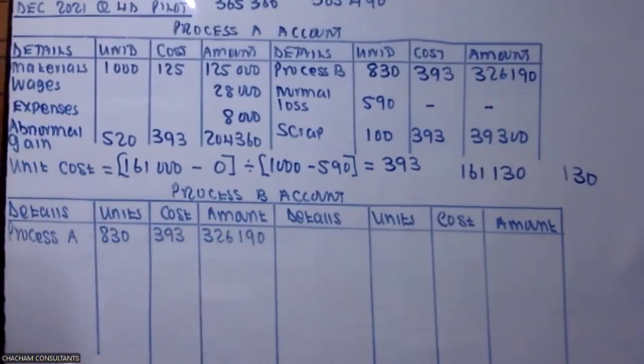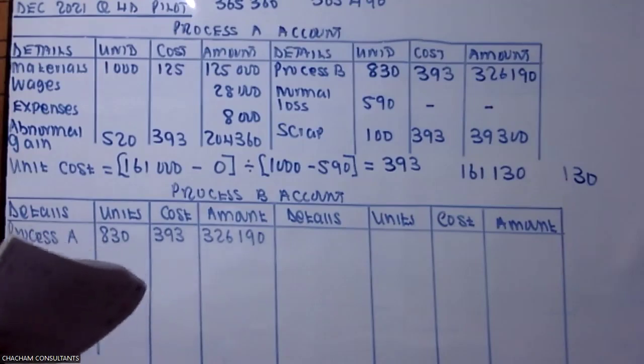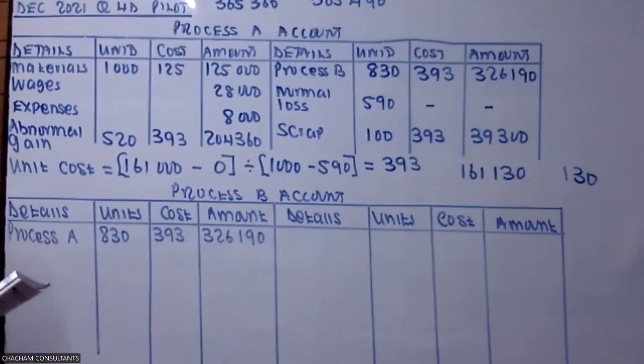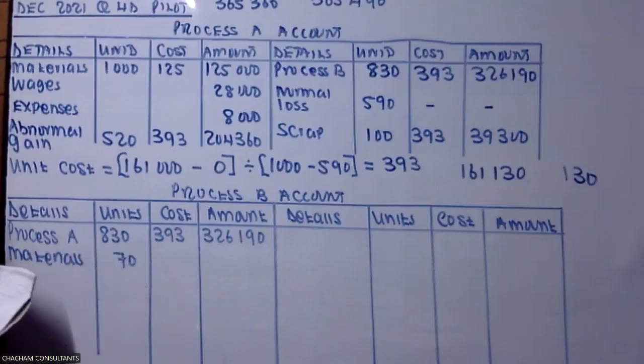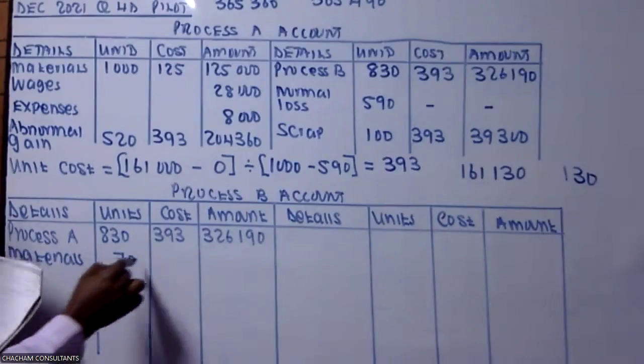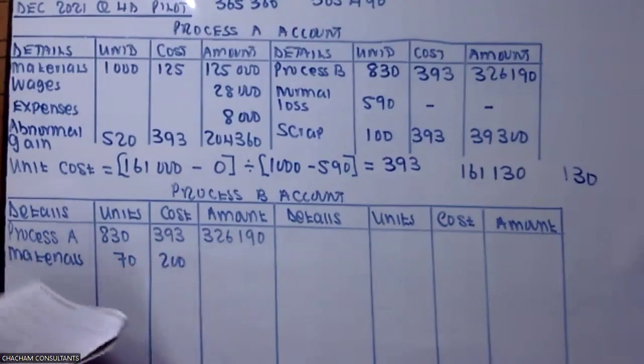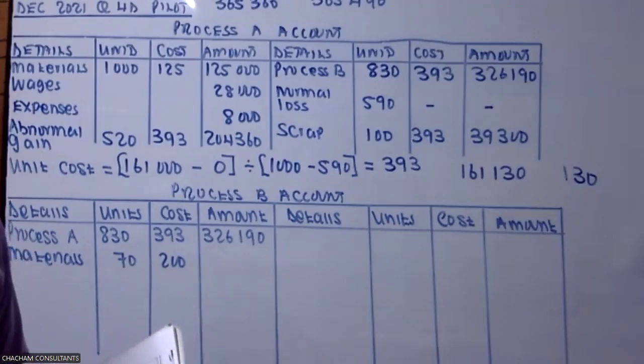That is how you transfer them. Then you bring the materials. We have additional materials. We are told there are 70 units, and each one was costing 200. So 70 times 200 is how much? 14,000.